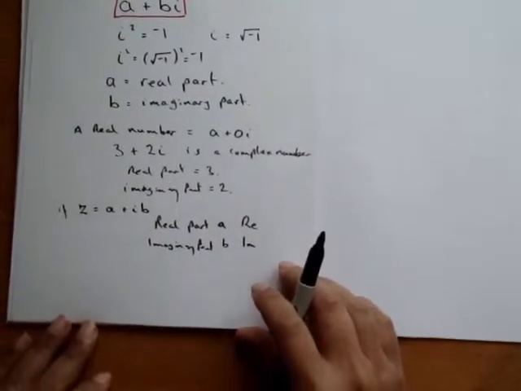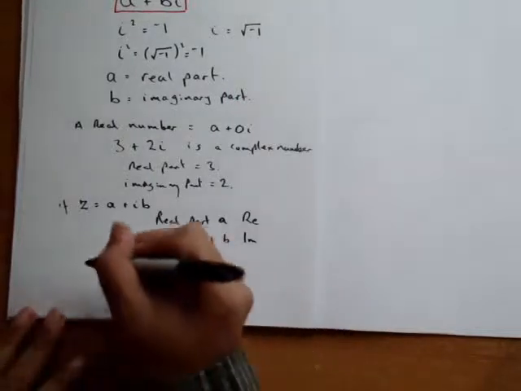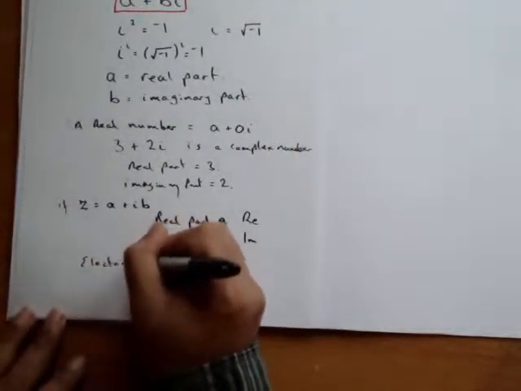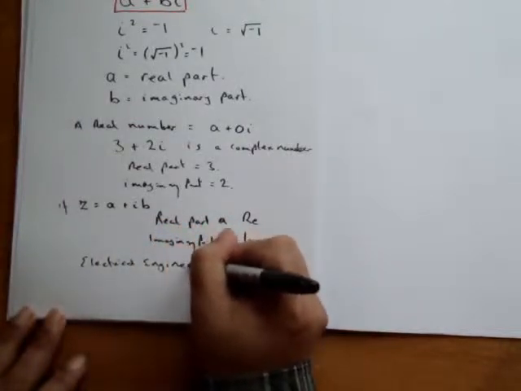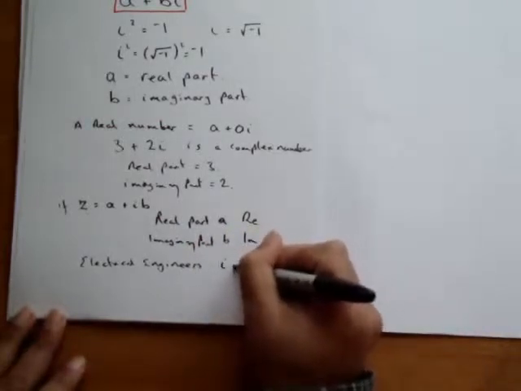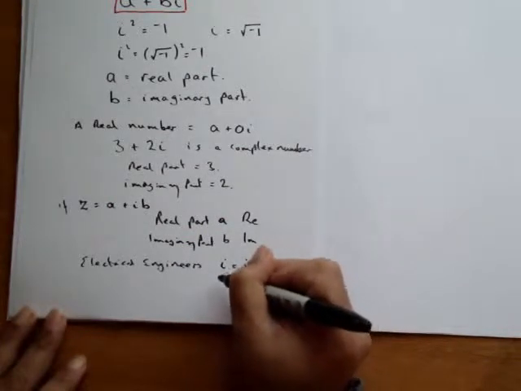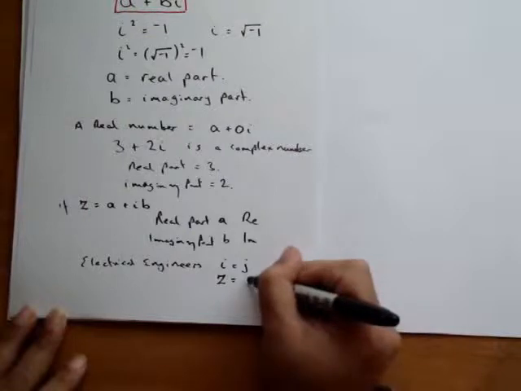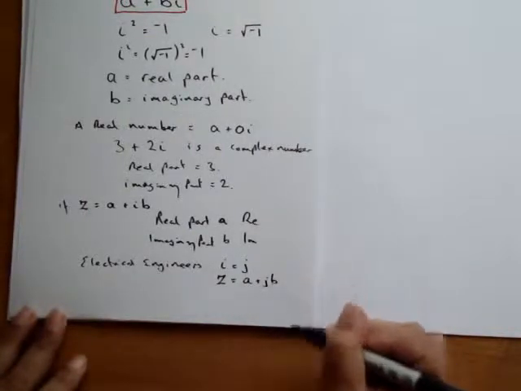Sometimes, like in electrical engineering, i they call j, and therefore z equals a plus jb.